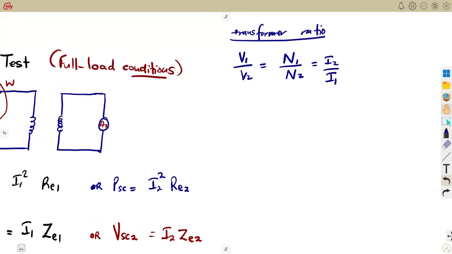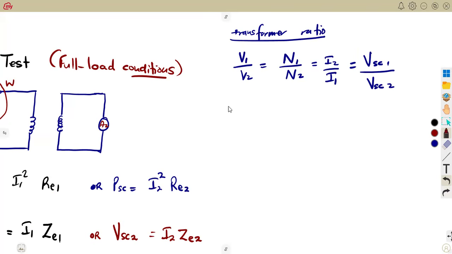But we are going to equate it when considered as a short circuit, because one of the sides will have a short circuit. So this will be V short circuit 1, and this one as 2.